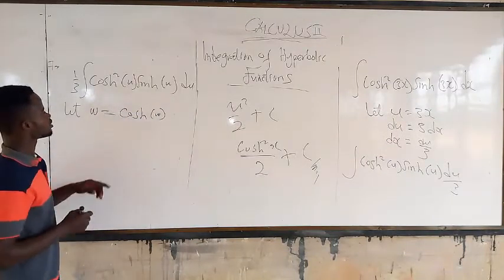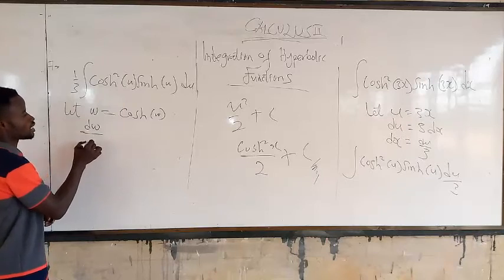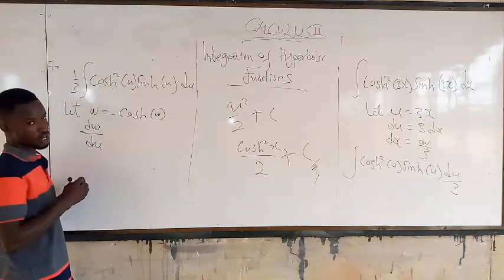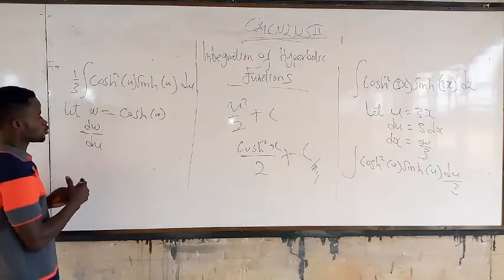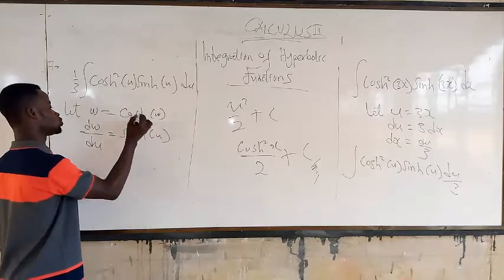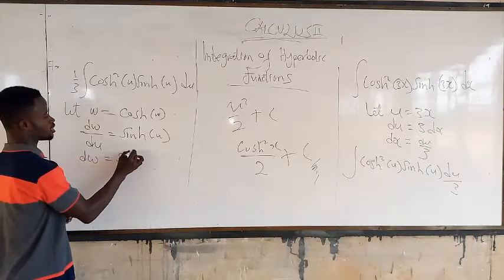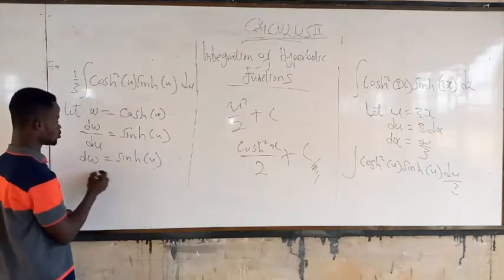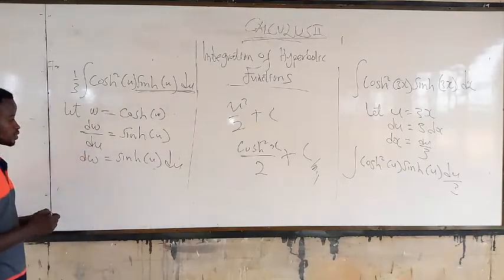When you differentiate dw over du, the independent variable is u, and that's going to be sin u. Or dw is equal to sin u du, and that is exactly what we have here.